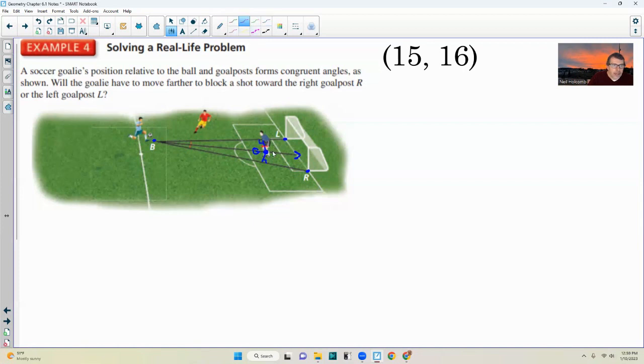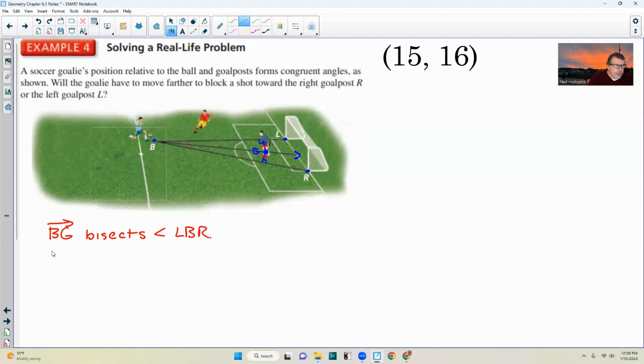And since that's 90 degrees, then they're congruent because ray BG is a bisector of angle LBR. So you can say that. You could say ray BG bisects angle LBR.